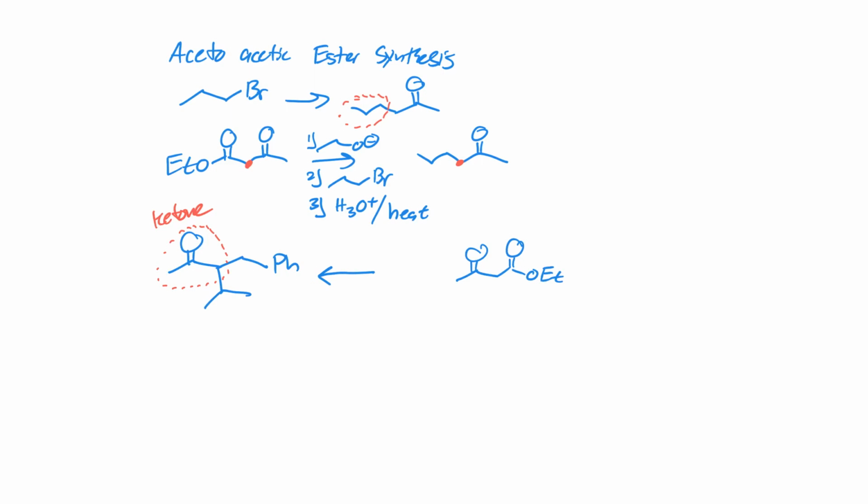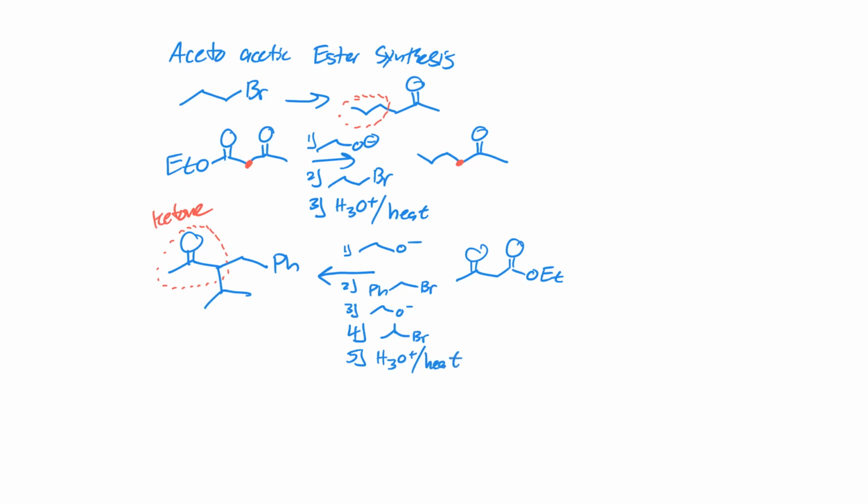Again, the O-ethyl doesn't matter, it could be O-methyl. And we see that we're going to put 2 R groups on, so let's go ahead and do that. First step would be deprotonation. Second step, one of the R groups. Third step, deprotonation again. Fourth step, the other R group. This one might be a little more challenging because it is a secondary substrate, which doesn't react quite as well in an SN2 fashion. And lastly, hydrolyze the ester.